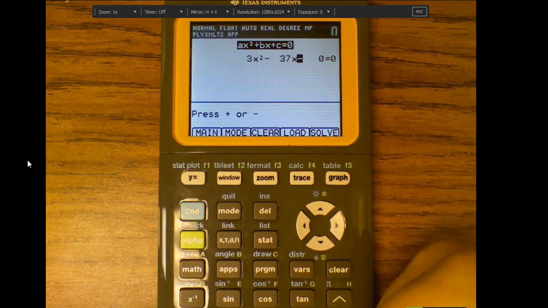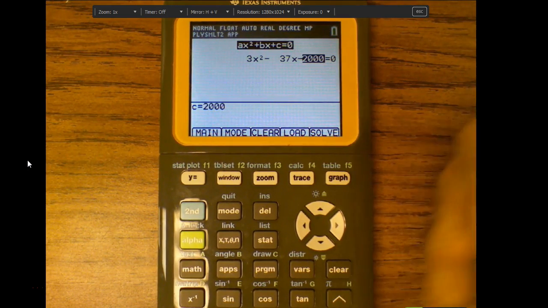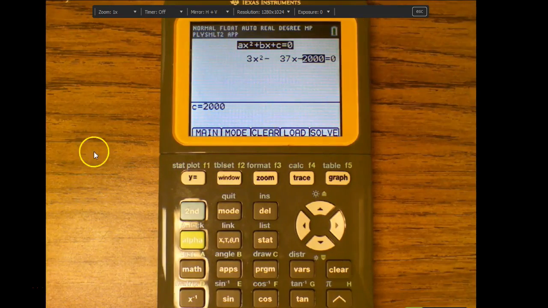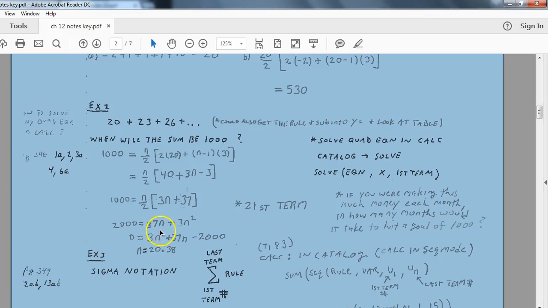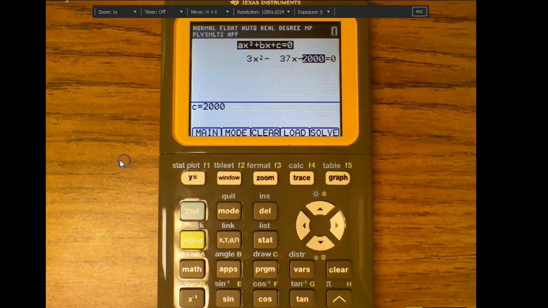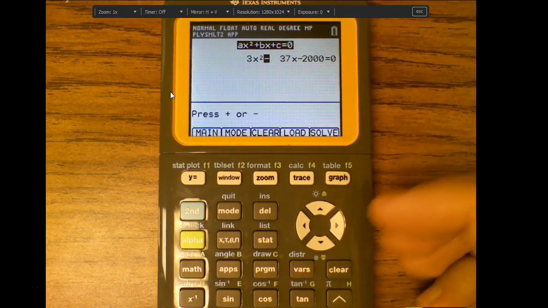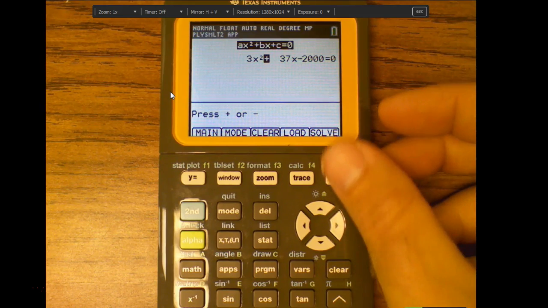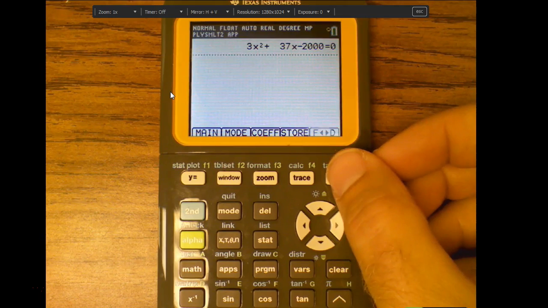So minus, enter, 2000, enter. I'm literally just subbing in the numbers from the quadratic. Let me make sure that's right. So right here, 3n squared plus 37n minus 2000. So I'm going to change that to a plus. 37n minus 2000, and where it says solve, I'll hit the button below solve.